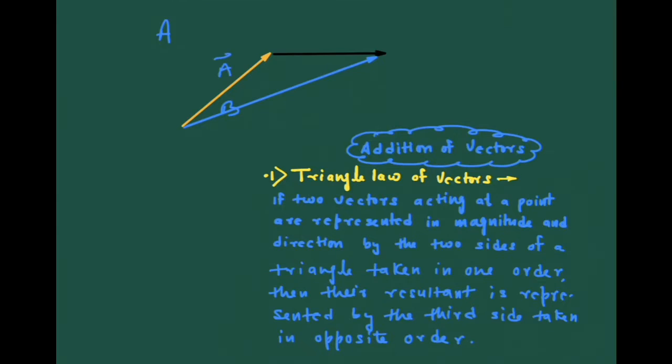So if A vector and B vector are taken in same order, the resultant is third side. So we can write R is equal to A plus B. This is the law of triangle of vector addition.